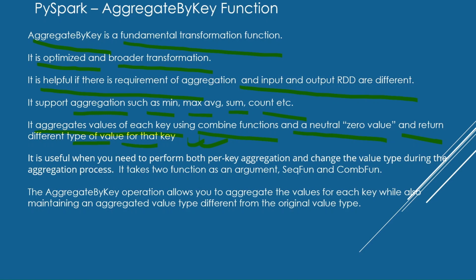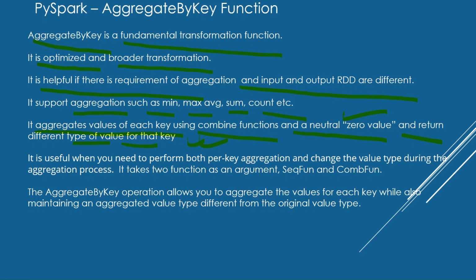Whenever we use aggregate by key, aggregation is going to start on each and every partition. With the help of this zero value, Spark initializes the accumulators on each and every partition, and then it returns a different kind of value for that particular key.